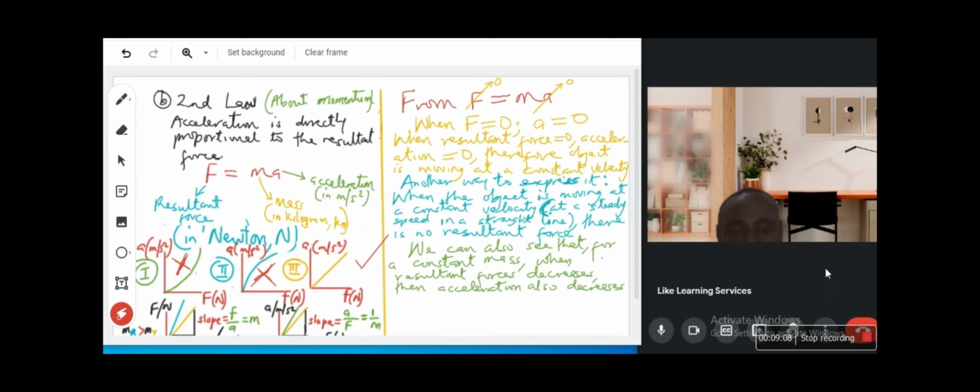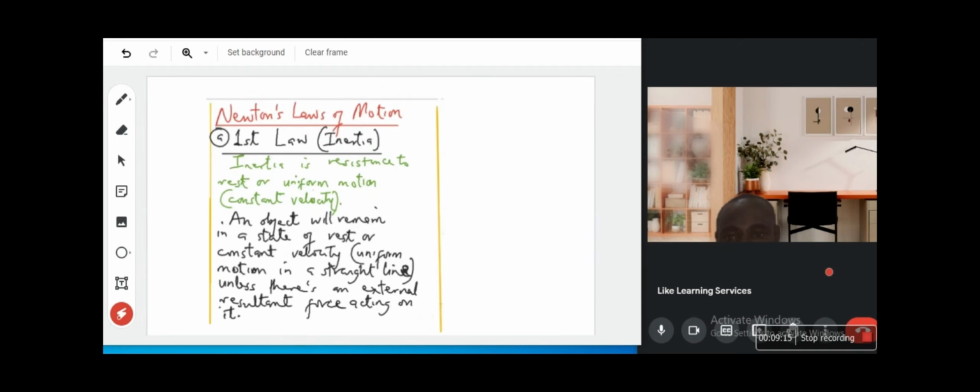All of these things we have talked about can be explained by the first law, that an object will continue in its state of rest or constant velocity when there is no resultant force acting. Unless there is a resultant force acting, the object will continue in its state of rest or constant velocity.